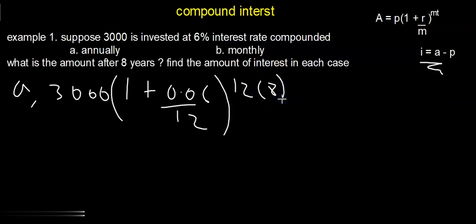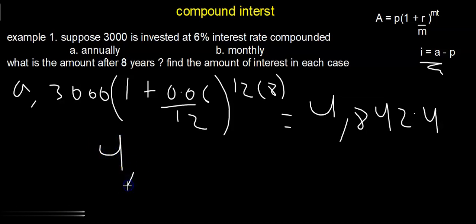If it's monthly, my m value is 12. When you multiply this whole thing, you're going to get 4,842.4. And then I have to subtract 3,000 from this.